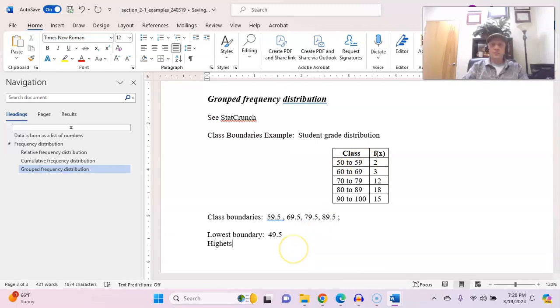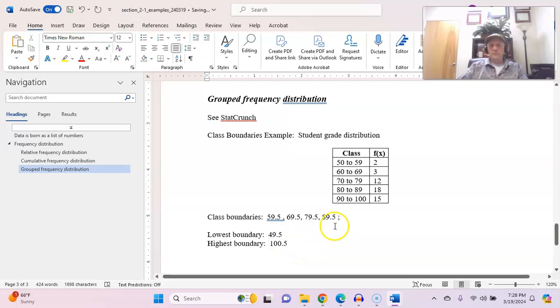And then the highest boundary would be 100.5, because that would be the cutoff before getting to 101, which doesn't exist here. But if you're rounding, basically 90 to 100 means really it would include any number that is between 89.5 and 100.5.